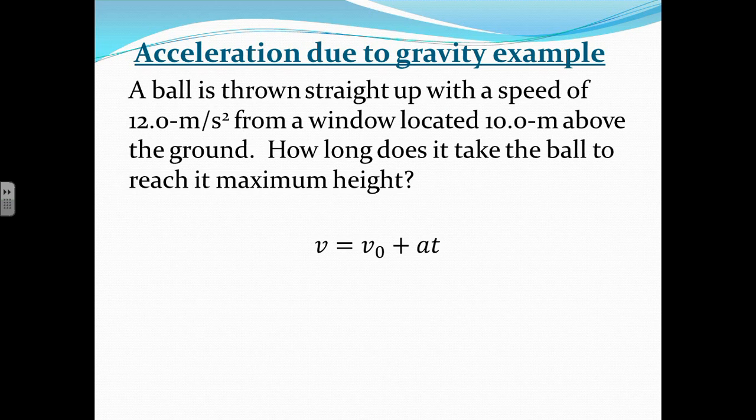And we have a time that we haven't found yet, so this is what we're trying to solve for. Substituting in our values, you have 0 meters per second equals 12 meters per second plus negative 9.81 meters per second squared times time. That gives us a value of 1.22 seconds. So that's how long it takes to reach the peak when we throw this from that 10 meter tall height.